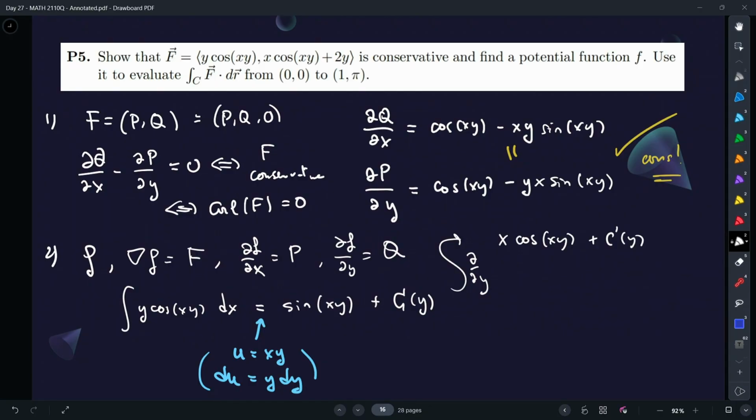And this should match whatever this other function was, so this should be x cosine of xy plus 2y. So whatever this function is, its derivative is 2y, so now I can integrate with respect to y and see that it should be y squared. The constant function should be y squared.